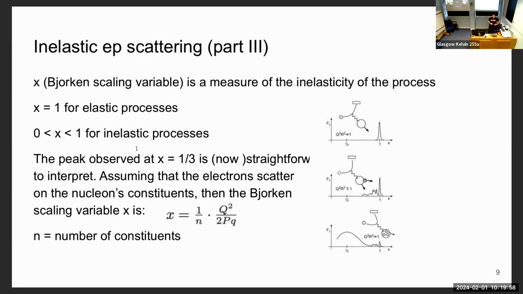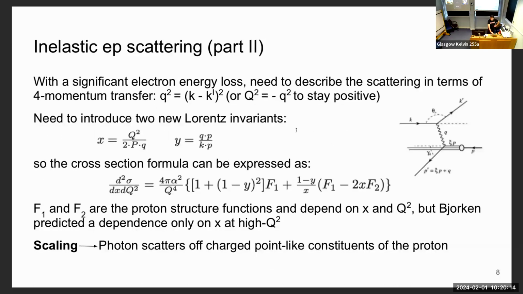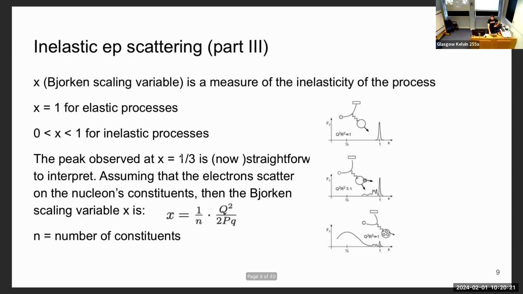In this case, x is called the Bjorken scaling variable, and is a way to measure the inelasticity of the process. Going back to the expression of x, if x is 1, that means that the process is elastic. But if it is between 0 and 1, I have an inelastic process.